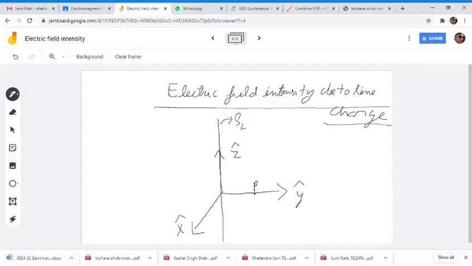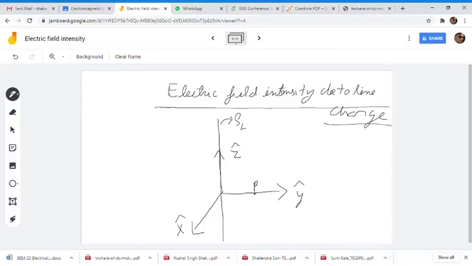Now we need to take these small charges and calculate the electric field at this point P. Then we will add all the effects due to all the charges on point P, like we did in the previous case. We calculated the electric field due to individual charges and then added up. Similarly we have to do here as well.